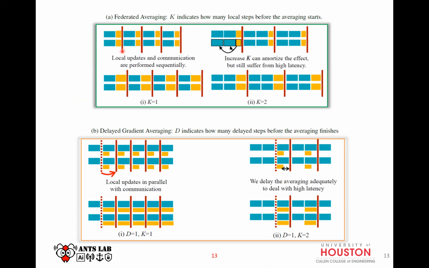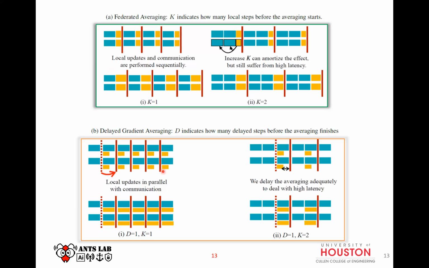Then the devices are updated with the latest model update, and then the next step of local computation, and this way continues. In case the latency increases, we don't see a lot of difference. Again, we are doing one step each of computation, communication, and then averaging. If we increase the number of local rounds to 2, we see similar behavior. After 2 steps and 1 communication, we see the averaging. So this is the typical behavior.